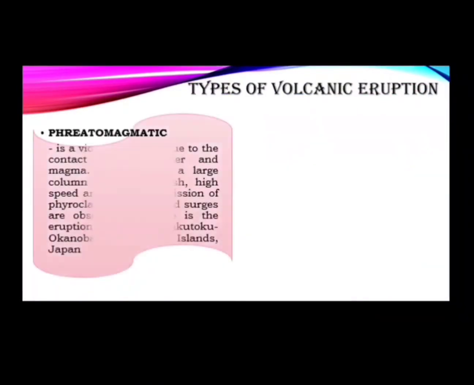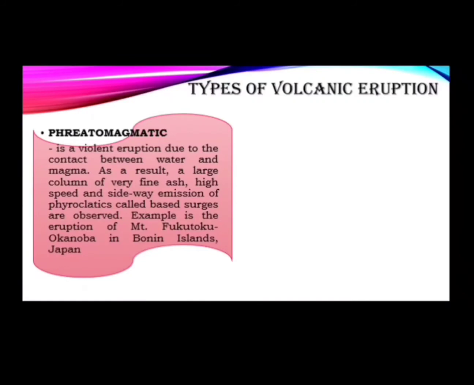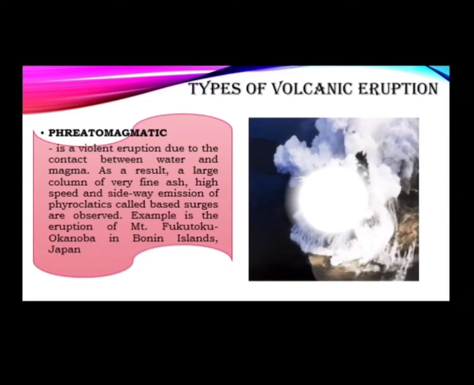The phreatomagmatic is a violent eruption due to the contact between water and magma. As a result, a large column of very fine ash, high speed, and a sideway emission of pyroclastics called base surge are observed.